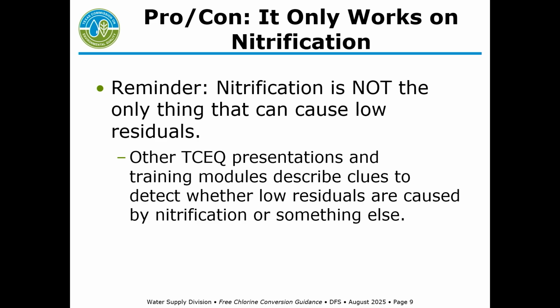However, when you run your ammonia test, you may still get close to a zero number, let's say like 0.02, 0.05, some low number. When you have free chlorine, you just have to assume that low number is a false positive, which can happen. So kind of a pro and a con.